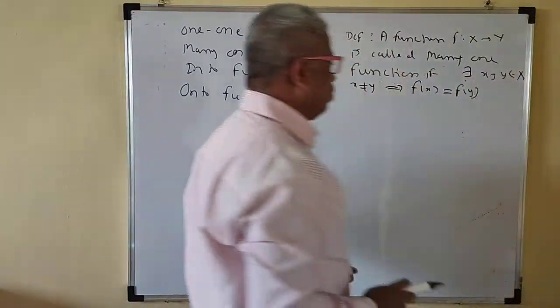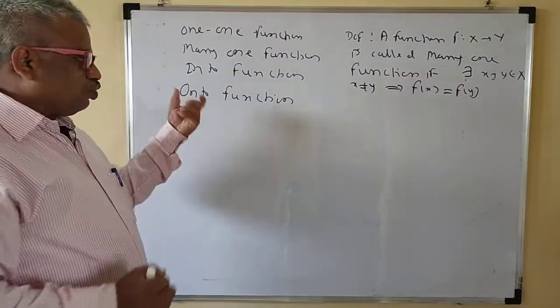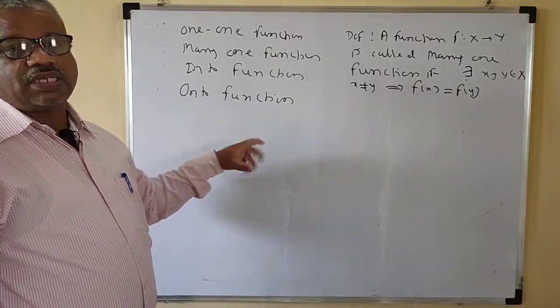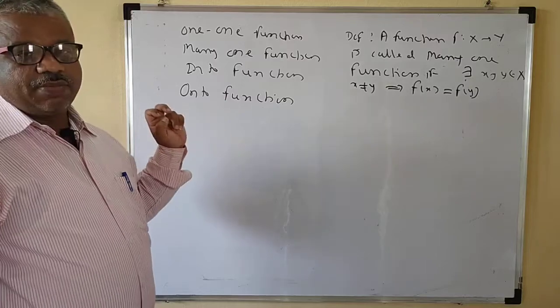That means there exist at least two elements in the domain such that their images are the same.